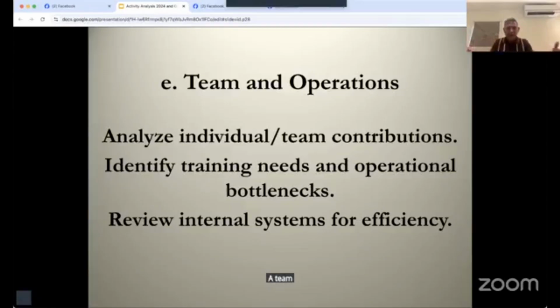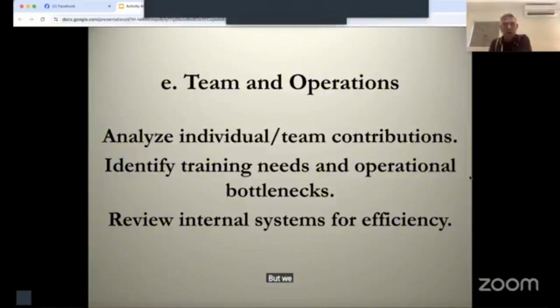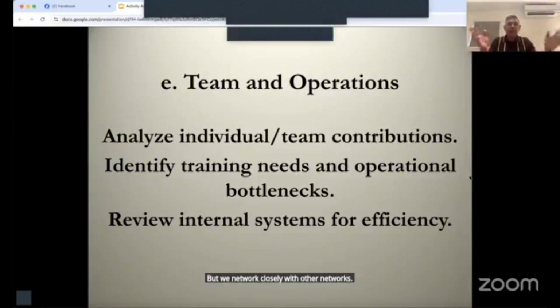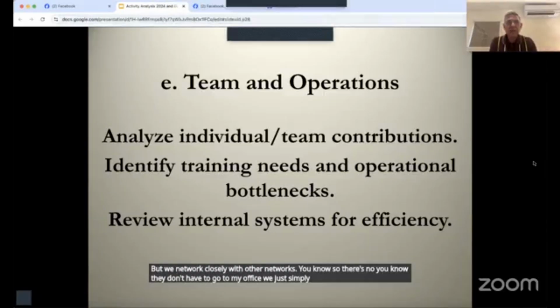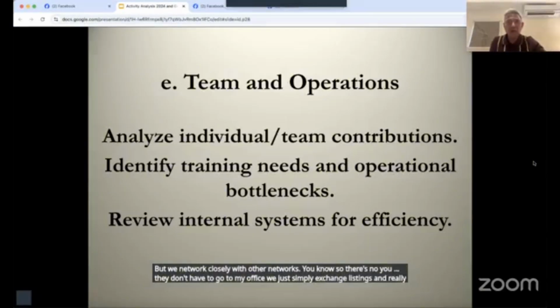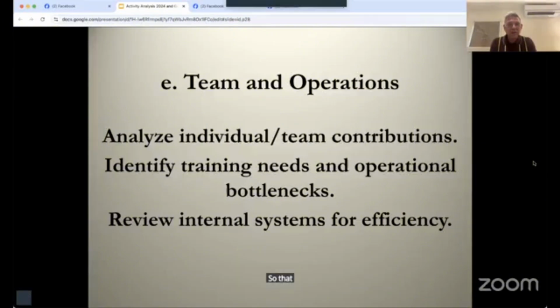I've got my staff, but we network closely with other networks. They don't have to go to my office. We simply exchange listings and really converse, because without that relationship, it's not the same. So that's why we make sure that we establish this relationship.